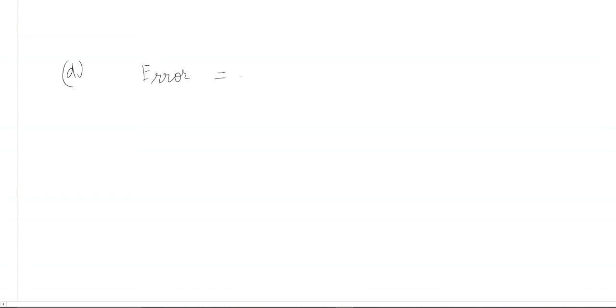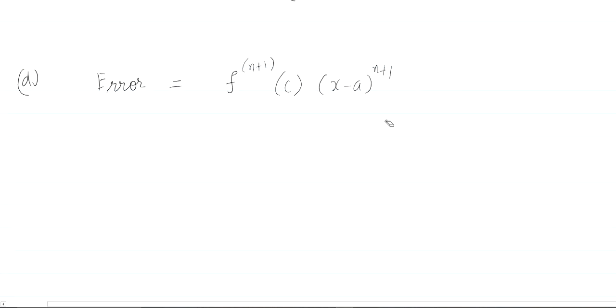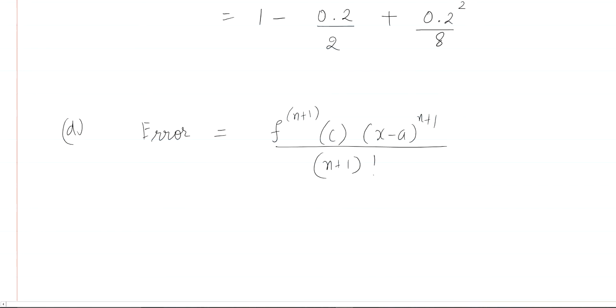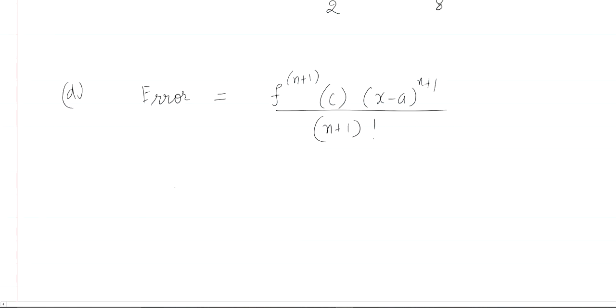The error is obtained by taking the next value of the derivative. Since we are approximating with three terms, up to the second order, we'll use the third derivative.